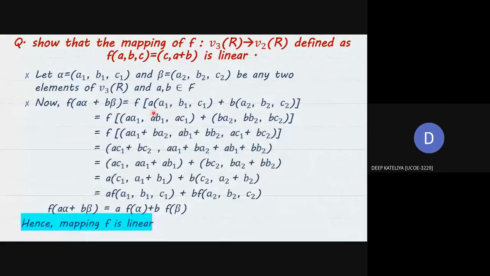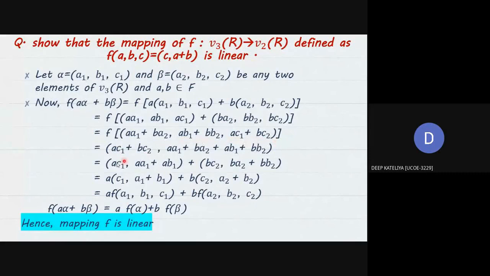After substituting, we multiply a inside and b inside the equation. After multiplying, we get f of (a a1, a b1, a c1) plus (b a2, b b2, b c2). Now we will open the brackets and add the elements, so f of (a a1 plus b a2, a b1 plus b b2, a c1 plus b c2).